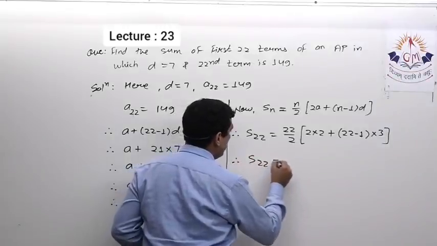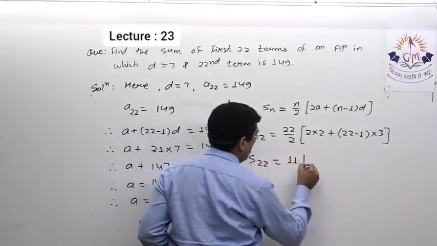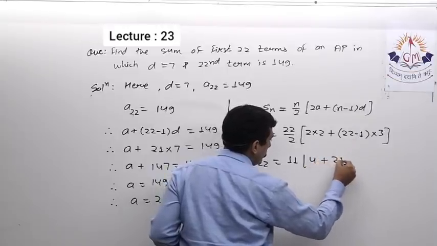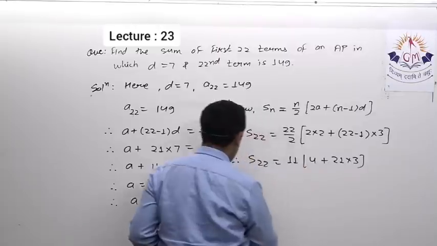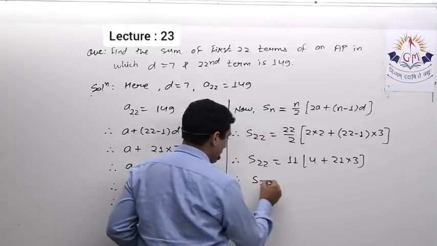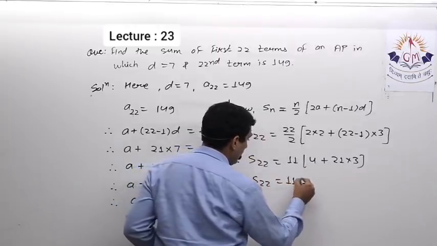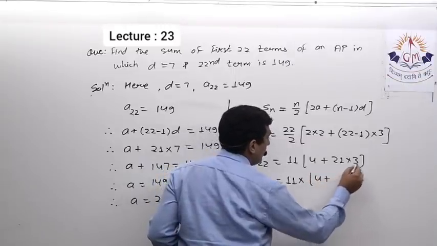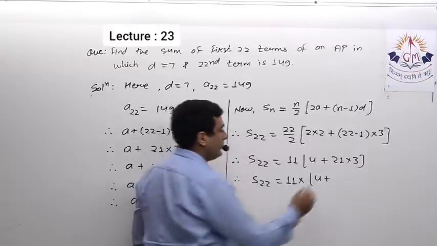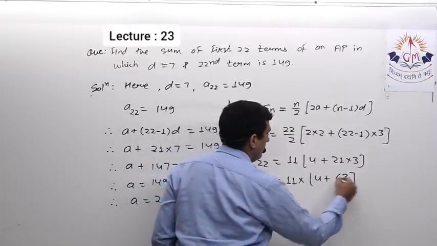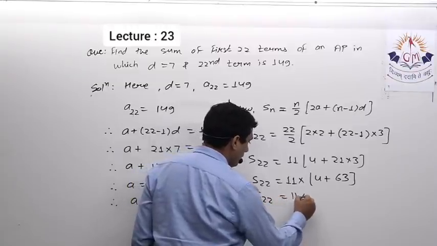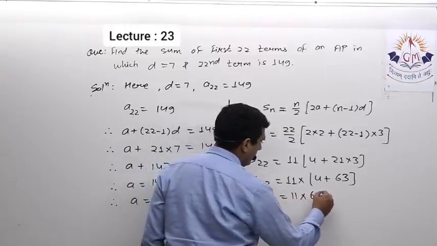So S22 is 11 into 2 plus 21 into 3, so S22 is equal to 11 multiplied by 67.